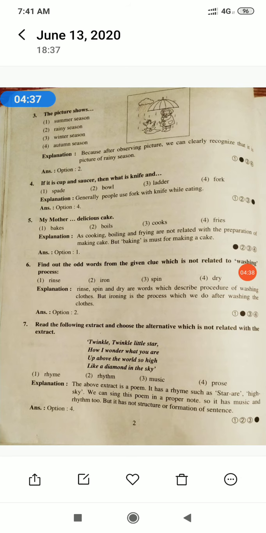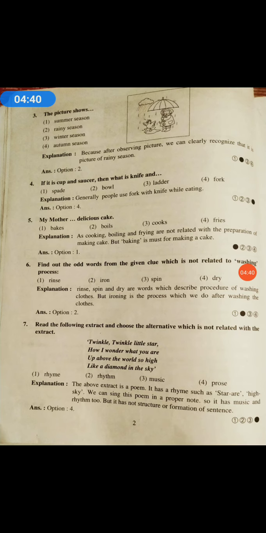In that question, the mother is making a delicious cake. Instead of making, here bakes came, because in our options make is not given. Here are given bakes, boils, cooks and fries. That bakes is the option for fifth one.